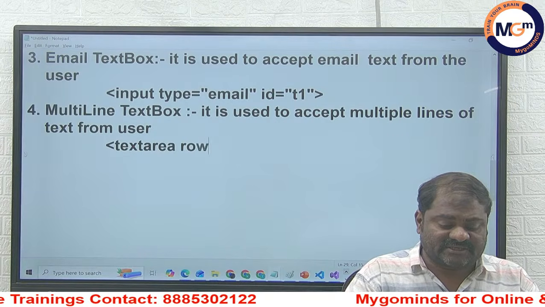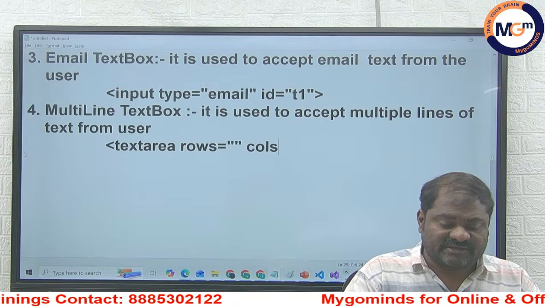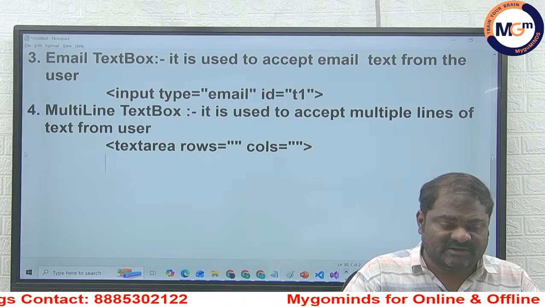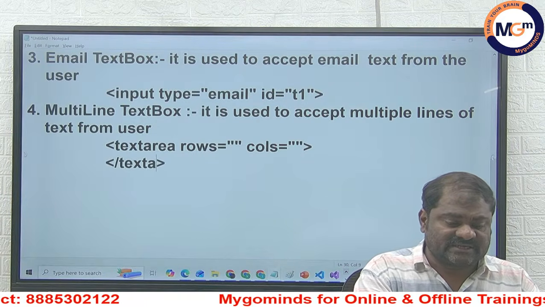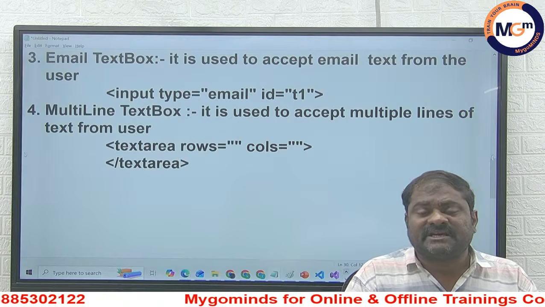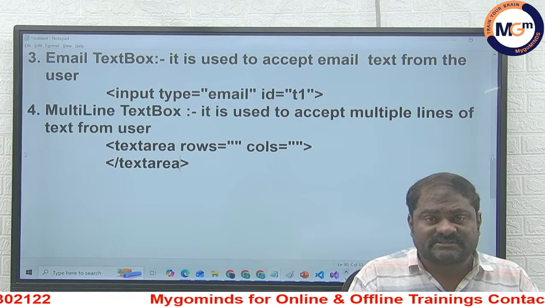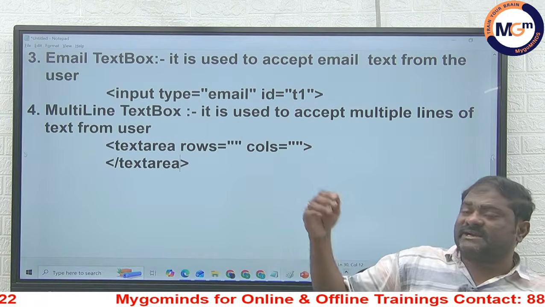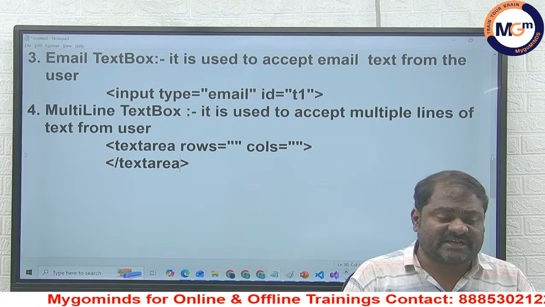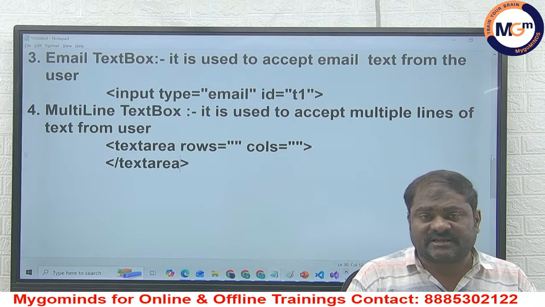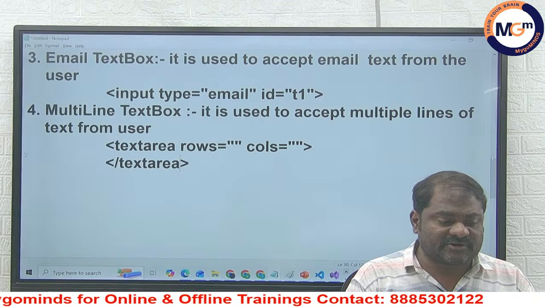Here you can mention rows, and here you have to mention columns. Rows is equal to some number and cols is equal to some number, and here you can close the textarea tag. Generally you can see Facebook comments or your notepad is also a multi-line text box. It is used to accept multiple lines of text from the user actually. Is it clear everyone? That is about your multi-line text box.